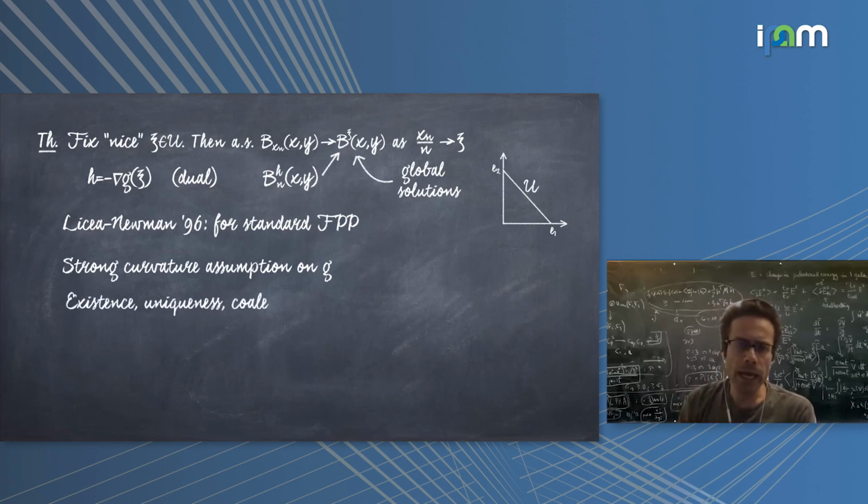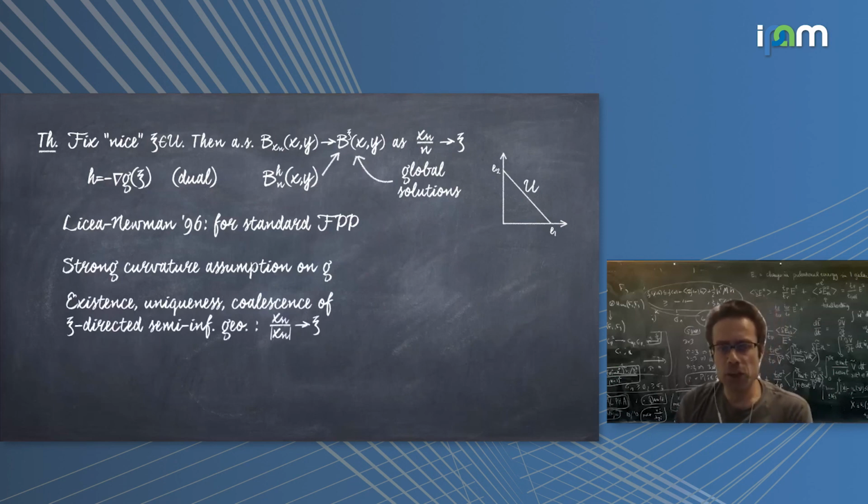And the way it's done is by proving existence and uniqueness and coalescence of semi-infinite geodesics that go in the various directions.